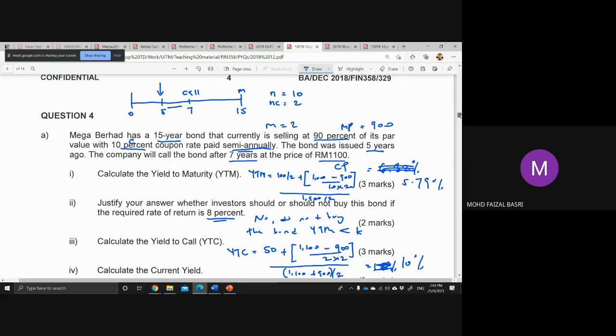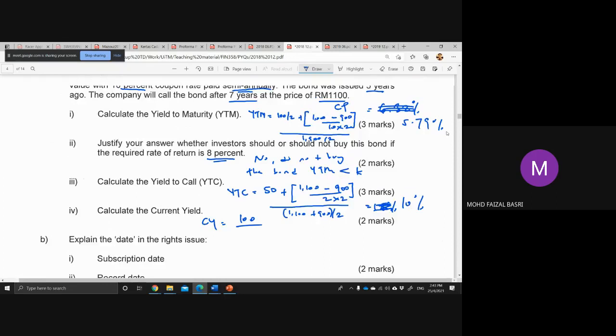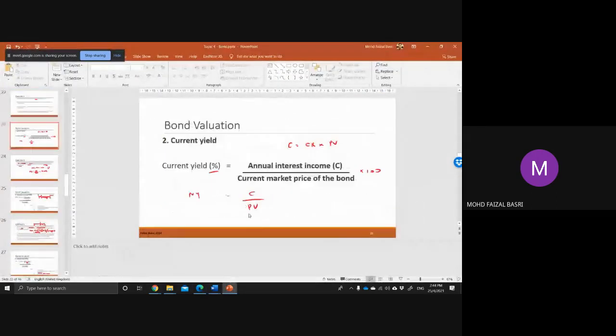Okay. And for current yield, CY, CY is the coupon. For current yield, the coupon must be the annual coupon, even though this is semi-annual, because the formula requires the annual coupon. So the annual coupon is 100 ringgit. So don't divide by 2. The current yield, C, is based on annual interest.